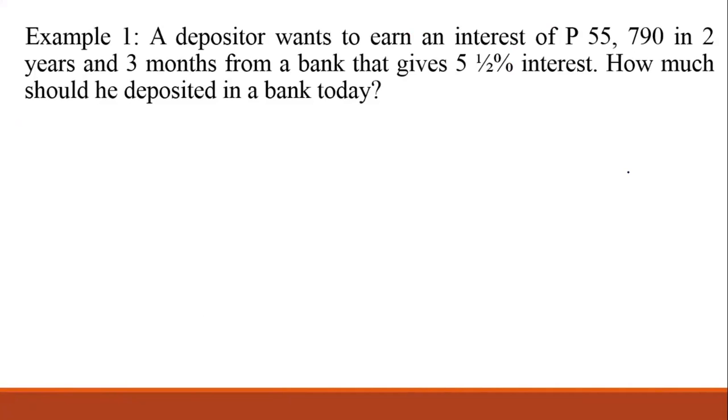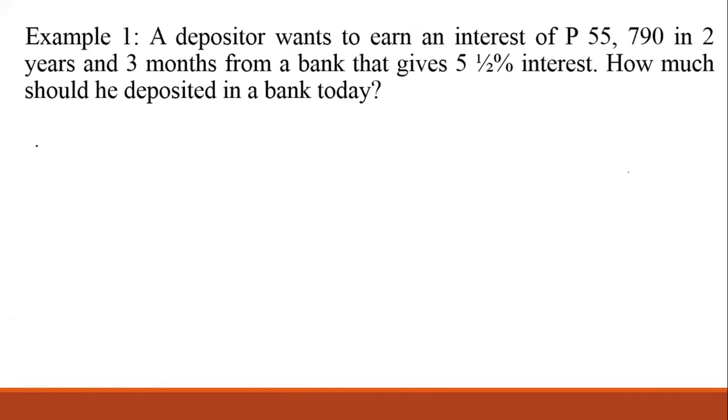So how much should he deposit in a bank today? Since the given are time, rate, and amount of interest, so ang gagamitin nating formula ay yung nauna kanina. So we will use the first formula, then substitute the given values in the formula.